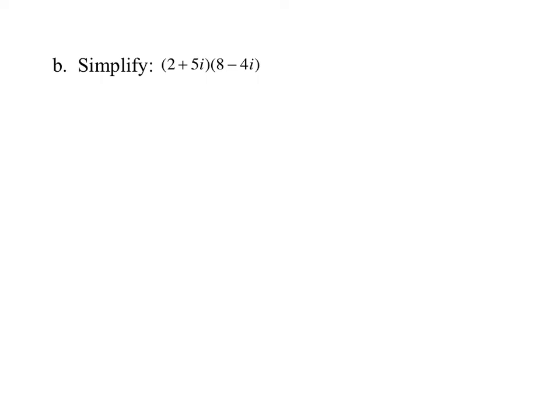Here is an example of multiplication, and you've got two binomials. So you'd have to apply the FOIL method or just distribute, distribute, distribute. So for our multiplication, we've got 2 times 8, which is 16. Then you have 2 times the 4i. And remember how we talked about multiplication is pretty flexible here.